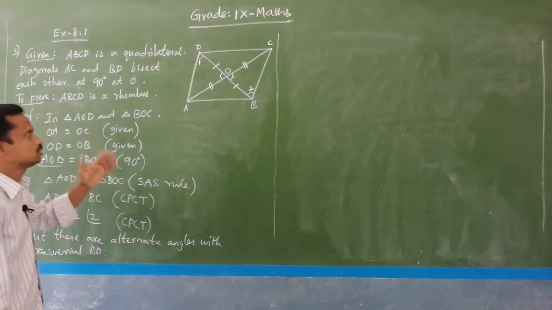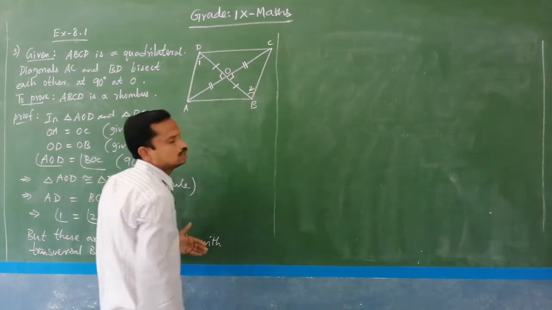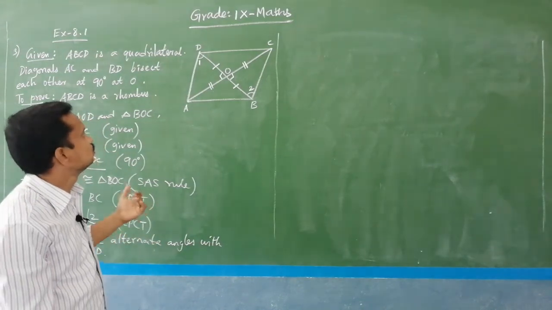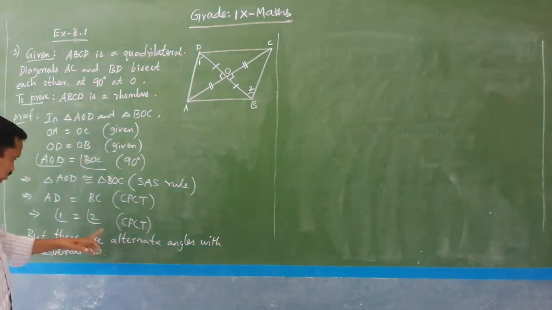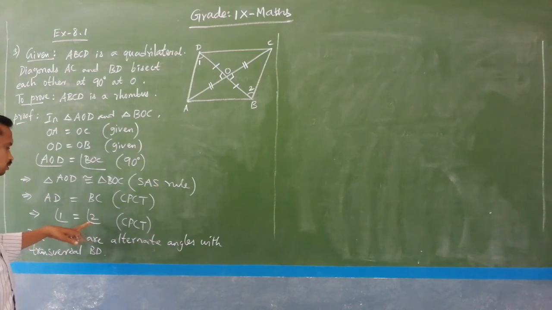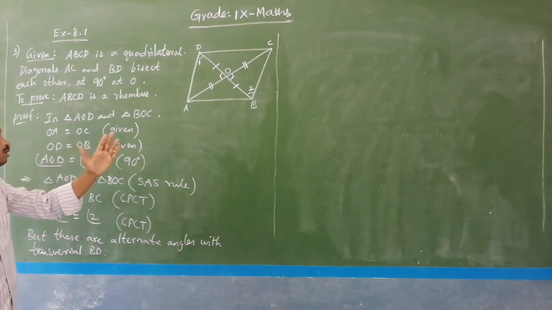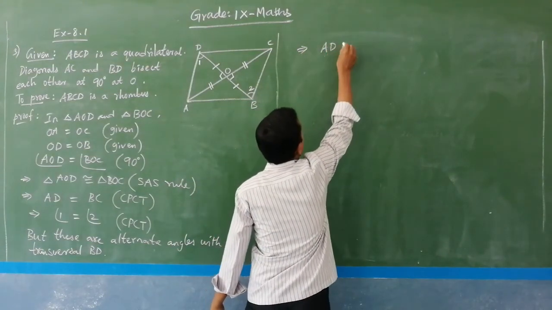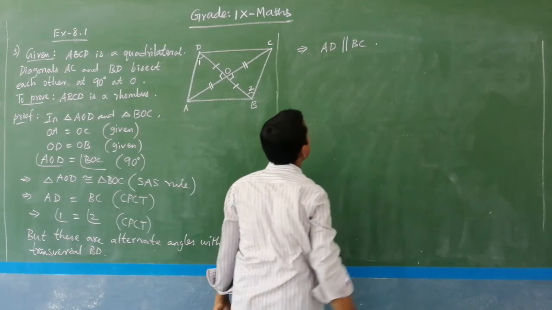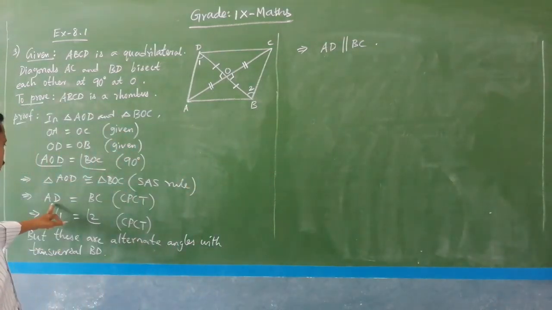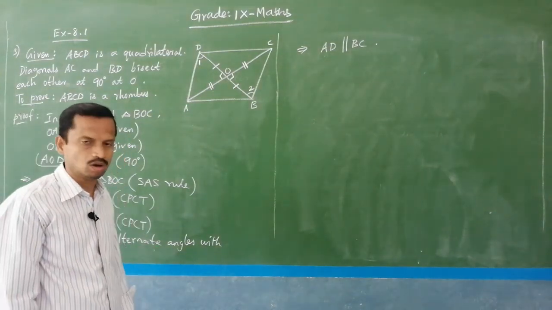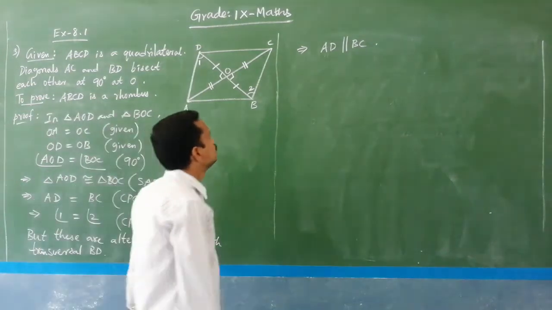If you consider BD as transversal of these two lines, then angle 1 and 2 are alternate interior angles, that is the Z angle. So, alternate angles are equal, we have proved by CPCT. So, definitely AD parallel to BC. You see, already we have proved AD is equal to BC, and now we proved AD parallel to BC. Therefore, one pair of opposite sides are parallel and also equal.